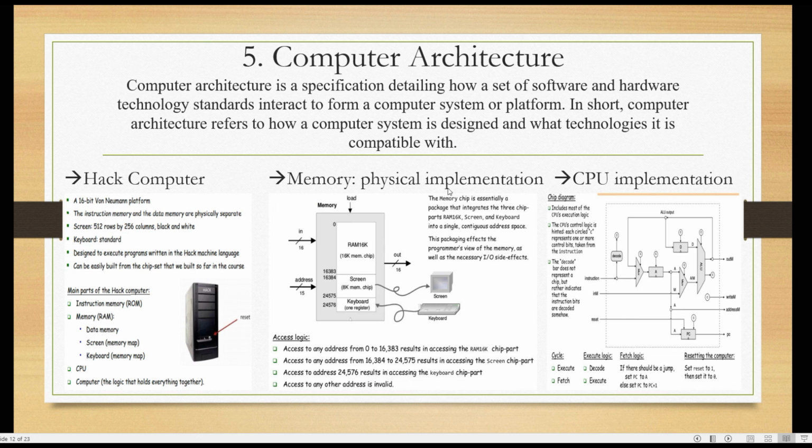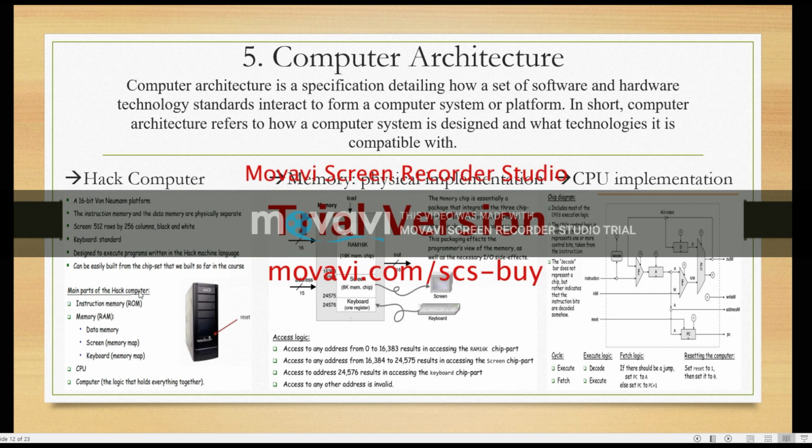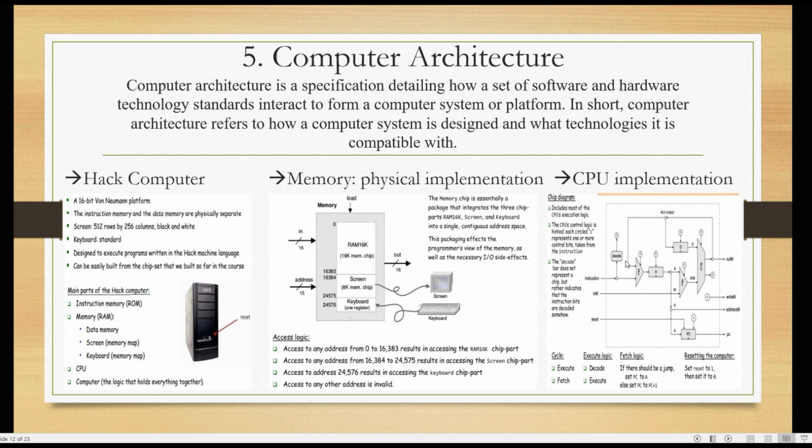Memory is the physical implementation. The Hack computer is a 16-bit platform. The main parts of the Hack computer are instruction memory, CPU, and data memory. This is the memory. This is the CPU implementation, and this is the chip diagram of the CPU implementation.